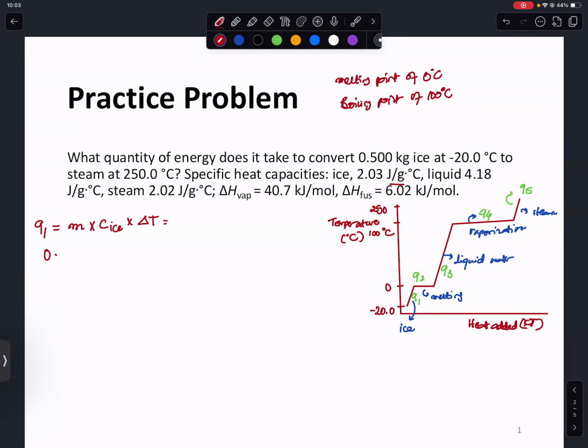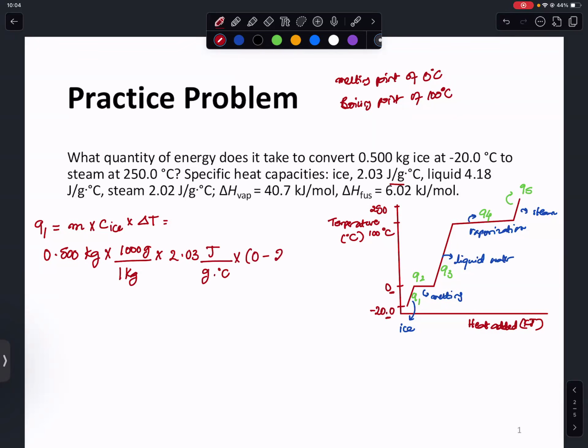So I can say that it's 0.500 kilograms times 1,000 grams in 1 kilogram times the specific heat of ice, which is 2.03 joules over gram degree Celsius times the temperature change.